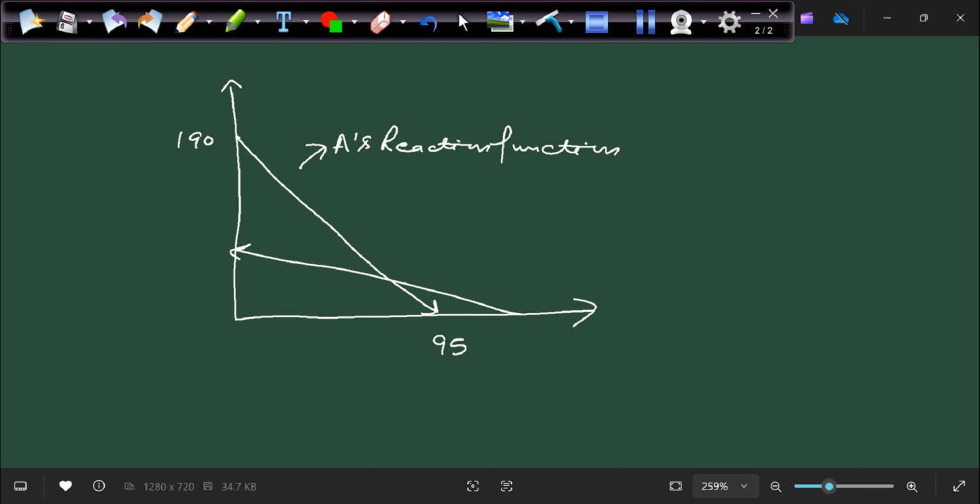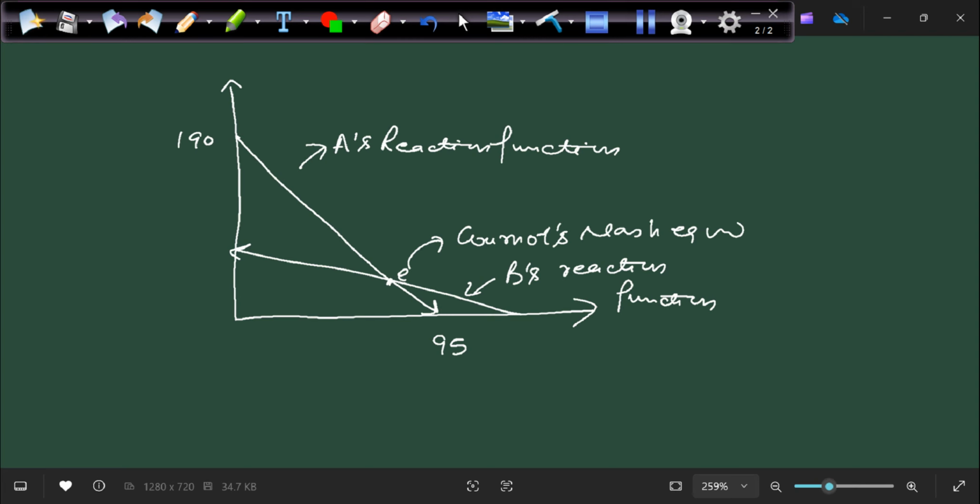And this is B's reaction function. And the point where they meet, E, is the Cournot's Nash equilibrium. So this is 100, this is 50, this is 30. We have taken x2 here and x1 here. This is the origin. This is 80.